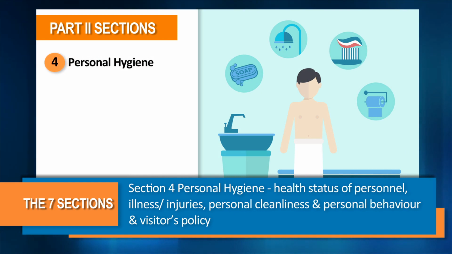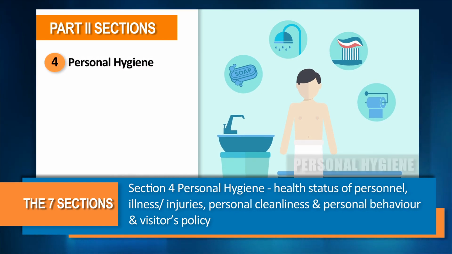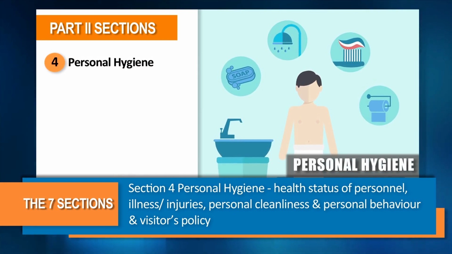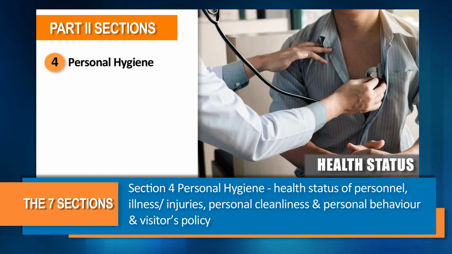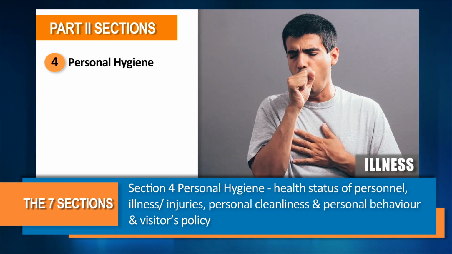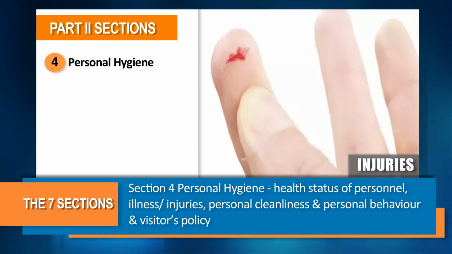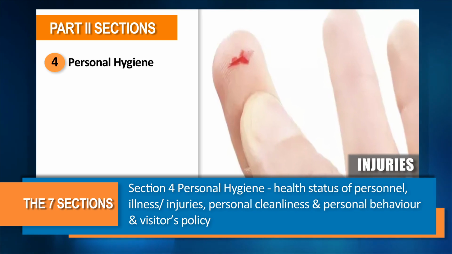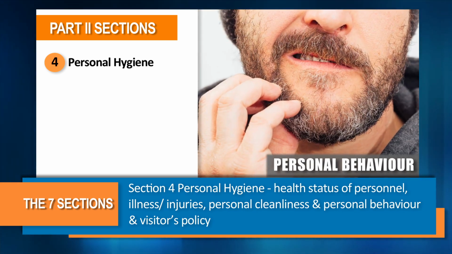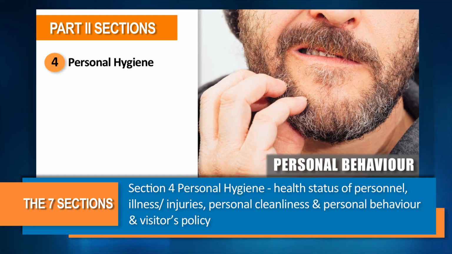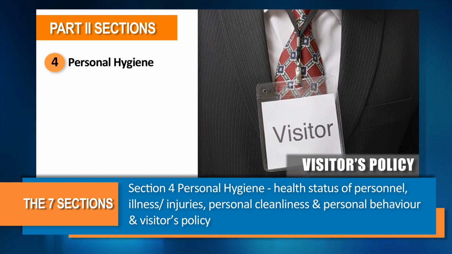Section 4, that is personal hygiene, mentions the requirement for personal hygiene, which includes health status of the personnel, illness and injuries of the food handlers, personal cleanliness and personal behavior of the food handlers, and the visitors policy.